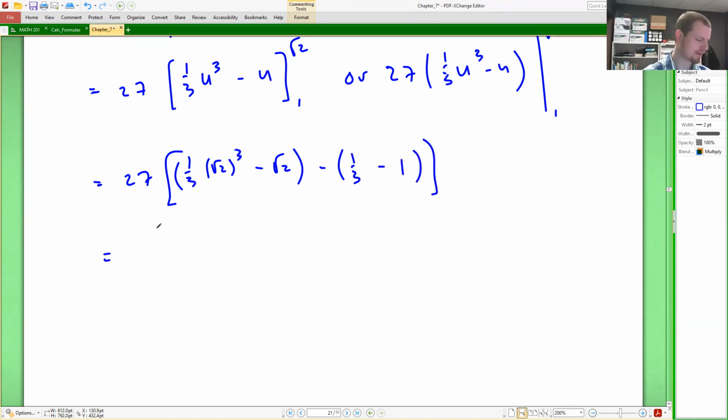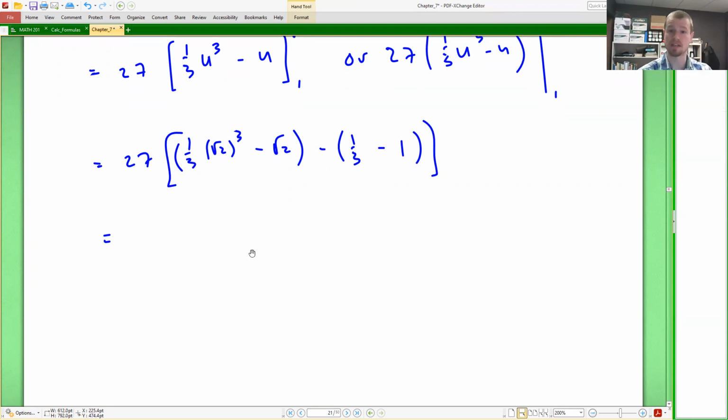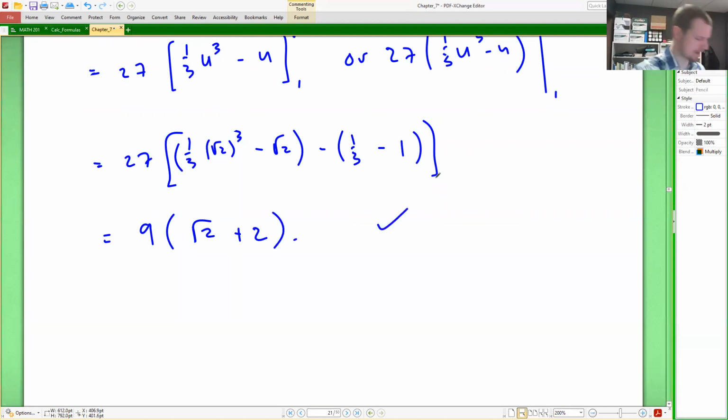And then if we simplify this, I'm not going to do all the simplifications here. This is not even algebra, this is arithmetic, essentially. So we want to recognize how to simplify this. I would encourage you to go ahead and attempt that, and you should find this is 9 times the square root of 2 plus 2. I believe that's what you should find.